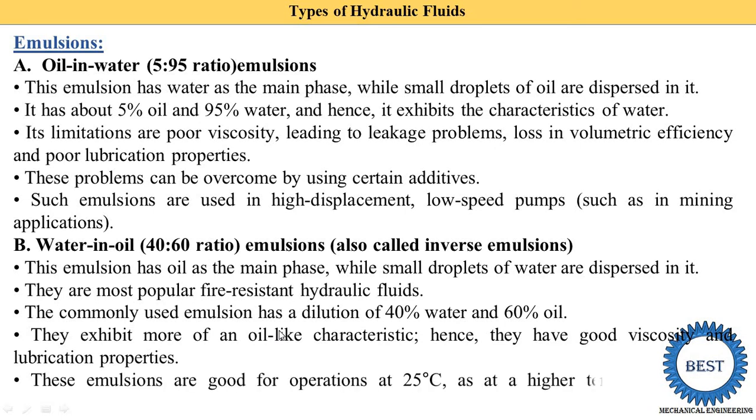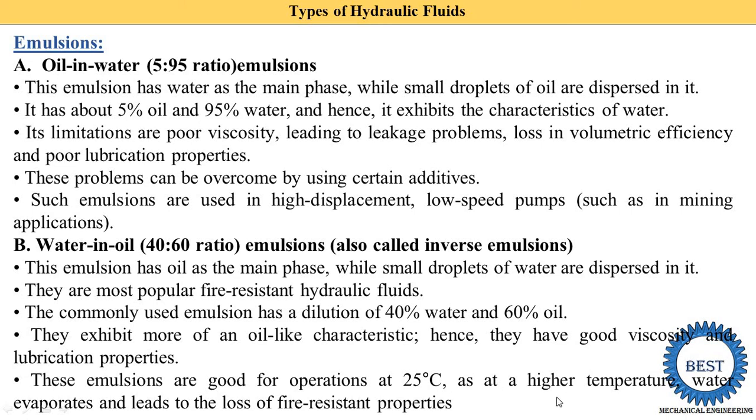These emulsions are good for operation up to 25 degrees centigrade, as at higher temperatures water evaporates and leads to loss of fire resistance property. Suppose if we use it at a higher temperature, then water starts to evaporate, and when water evaporates, they lose the fire resistance property.